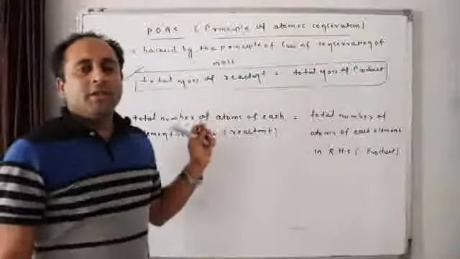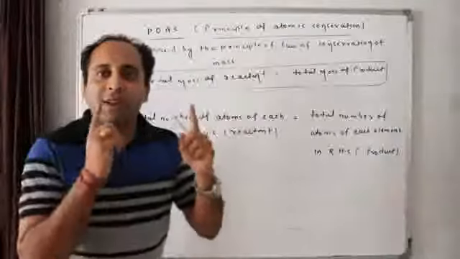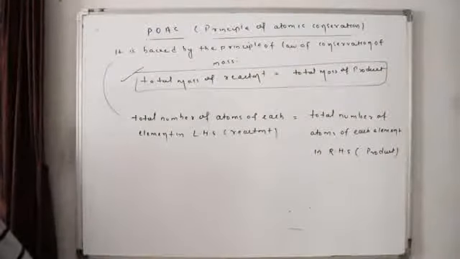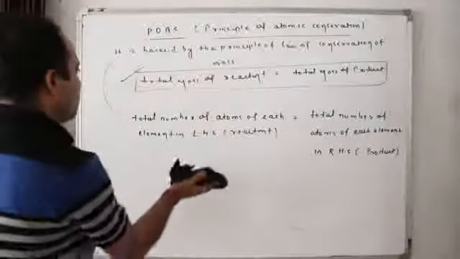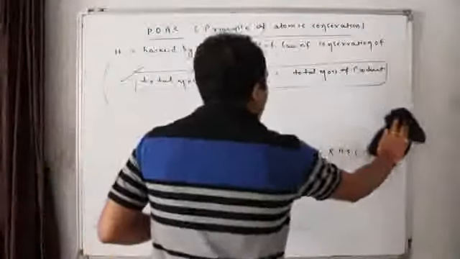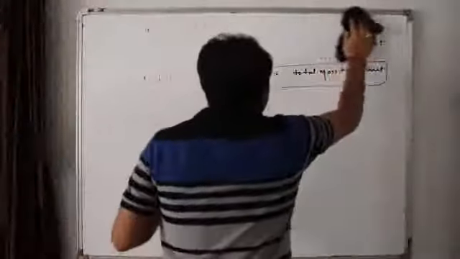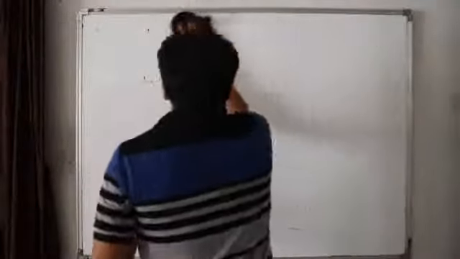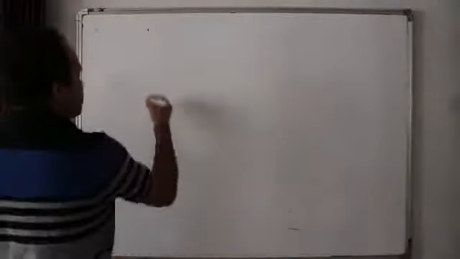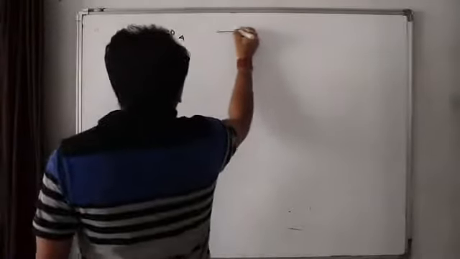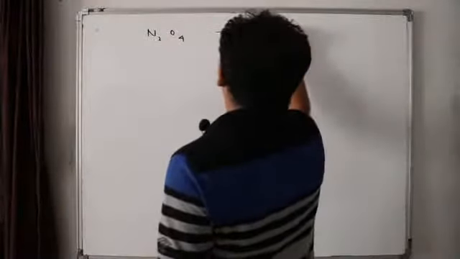What is this POAC and what is its use? We can only understand with the help of examples. Look at this. For example, if someone asks you to balance this equation, N2O4 gives NO2.